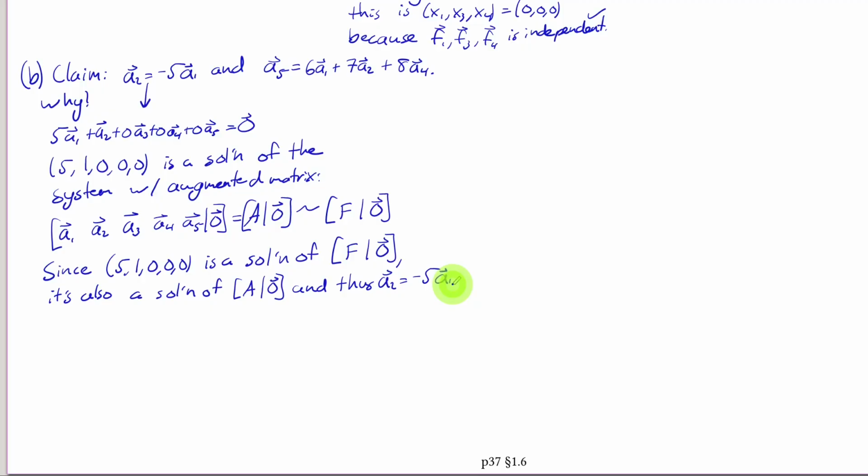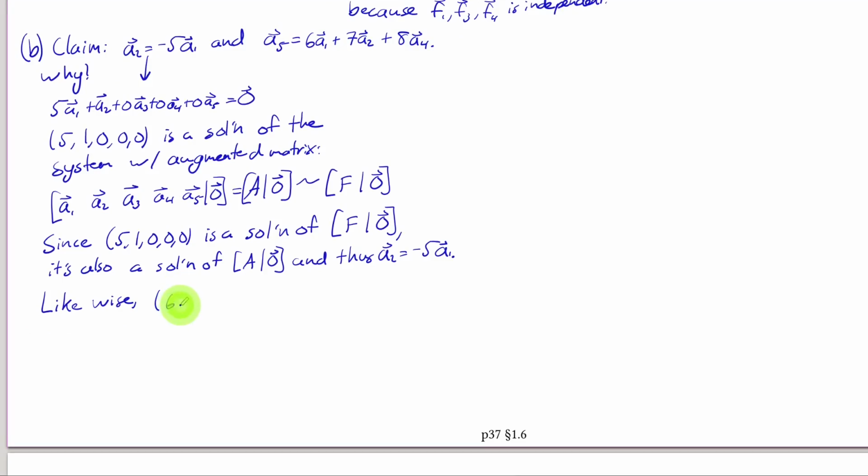So yeah, and by the same reasoning as this, 6, 7, 0, 8, -1 is a solution of A x = 0. Using the same logic, we can say that this is also true.